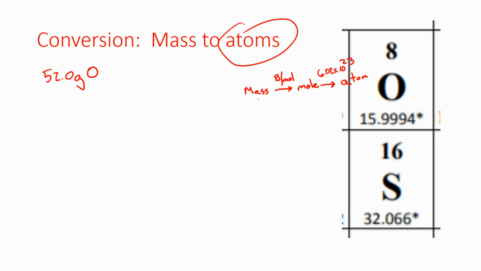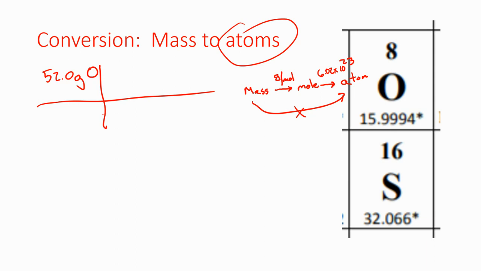There's no direct route from mass to atoms. You can't do that. You always go through moles. So this problem, going from 52 grams of O to atoms of O, it's a two-stepper.